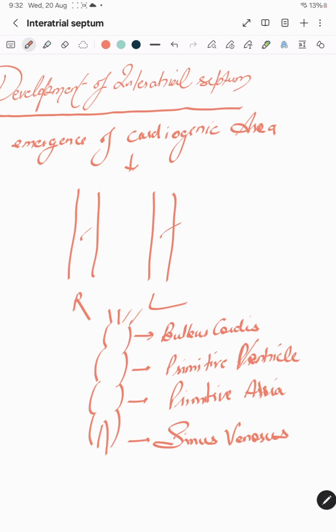Then they will merge into each other, forming a single tube which has certain divisions known as bulbus cordis, primitive ventricle, primitive atria, and sinus venosus.